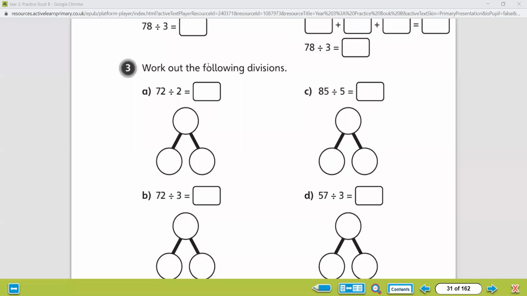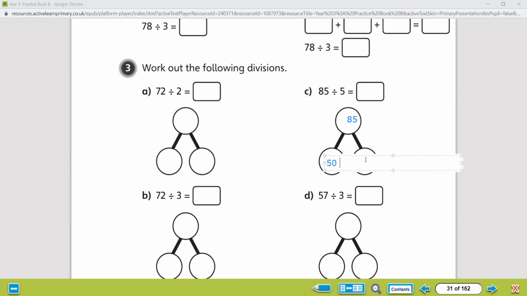So I'm going to use the information that we've been doing. I'm going to put 85 in here. Now I need to split 85 into numbers that I can work with, divide by 5. So in here, I'm going to put the number 50.